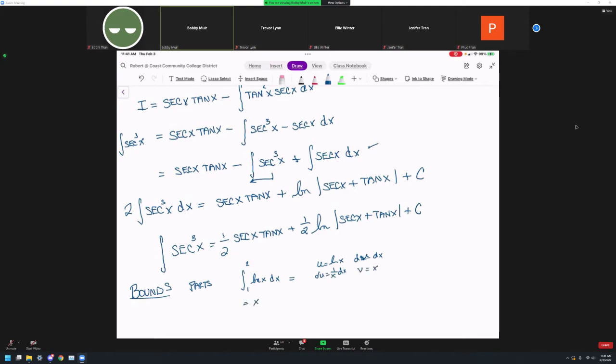So it's uv, x log x. But you need to evaluate them at those bounds.